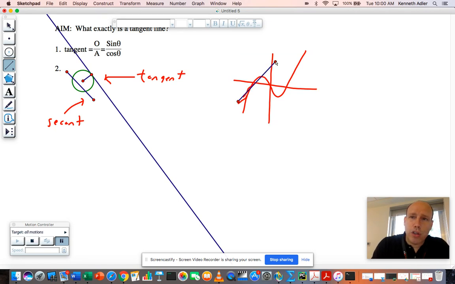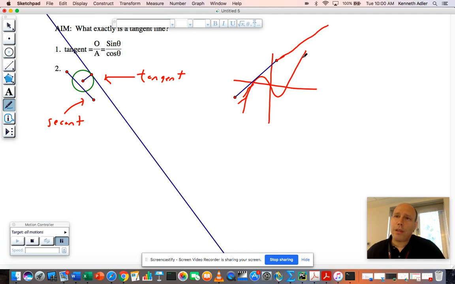Here's a tangent line, but someone might say, hey, Mr. Adler, this line, if I extend it, might intersect the curve at a second location. So this tangent line touches the curve in 2 points.